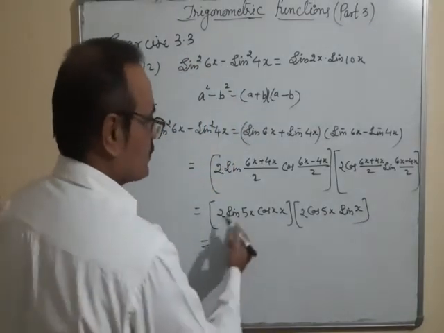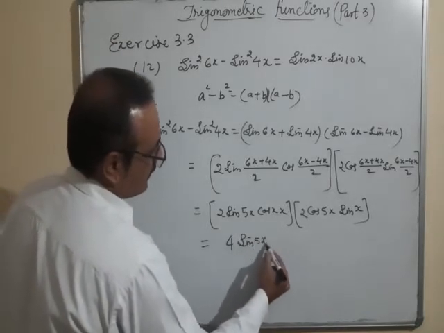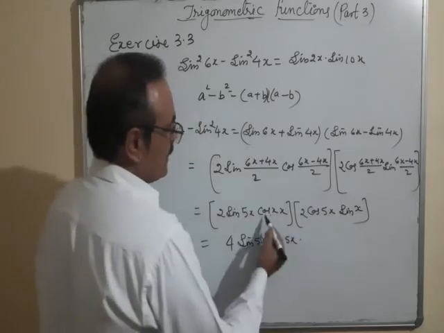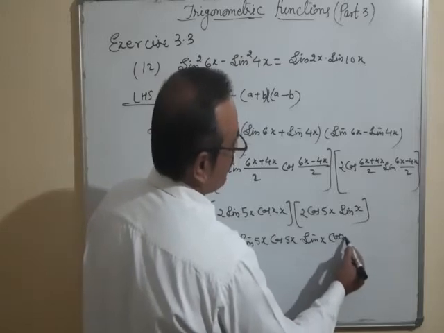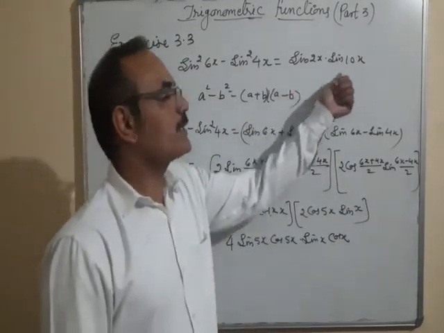So what is it? 2 twos are 4 sin 5x into cos 5x into cos x into sin x. And we want to prove here sin 2x into sin 10x.